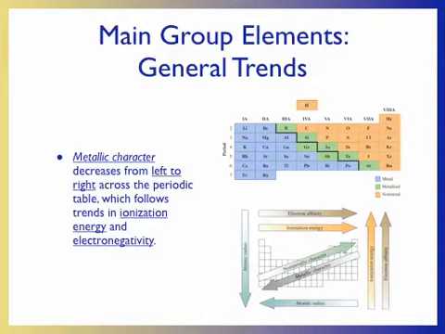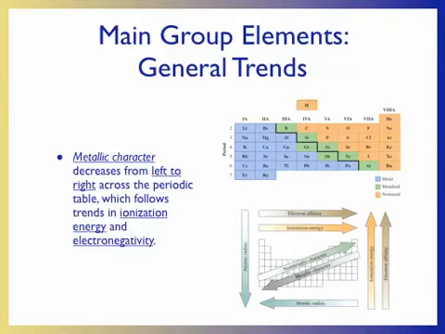We know that metals tend to form cations in ionic compounds. This matches with trends in ionization energy. Metals tend to have lower ionization energy, since ionization energy increases from left to right across the periodic table. This makes it easier for these elements to lose electrons.